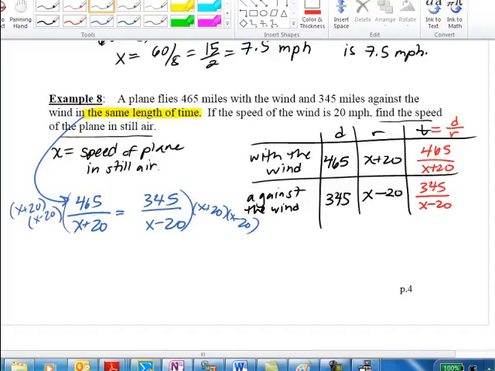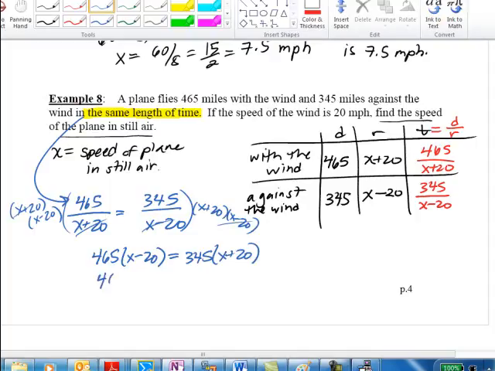Kind of ran out of space there. Sorry, those should all be in line. The x plus 20s cancel on the left, and we've got 465 times x minus 20. And on the right, the x minus 20s cancel, so 345 times x plus 20.